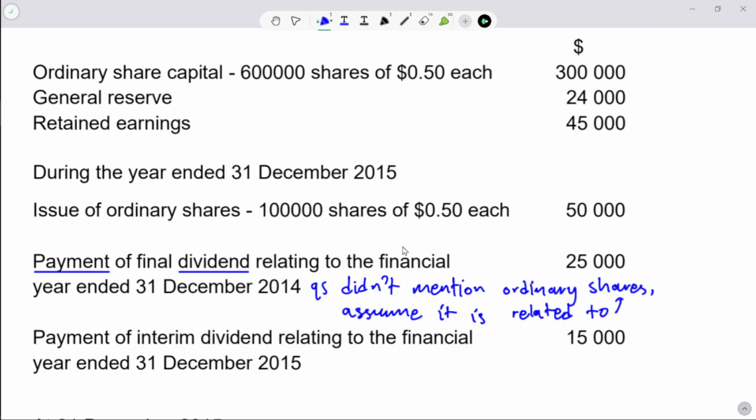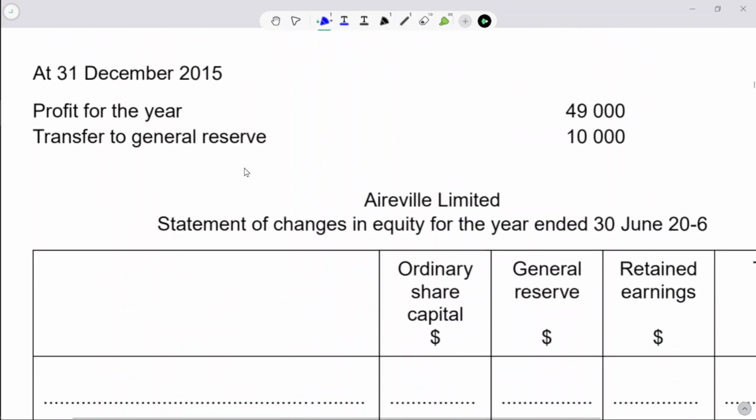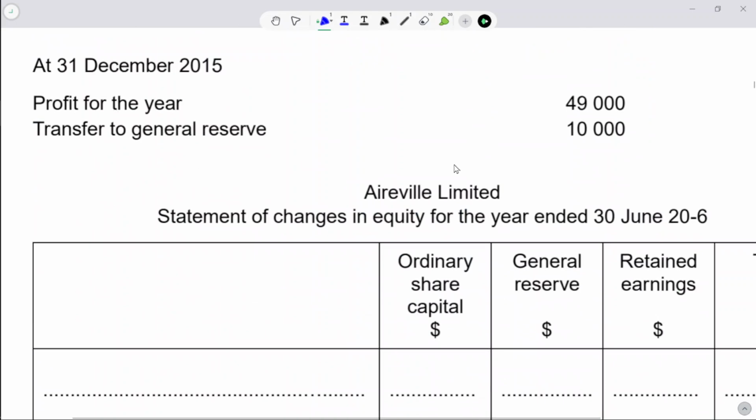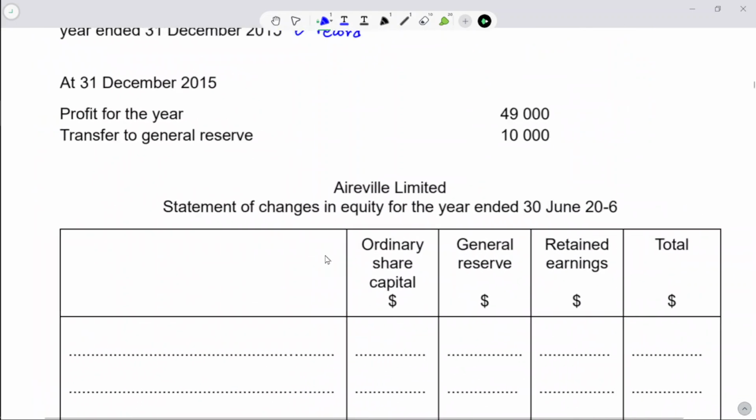So this one we need to record. This one, payment of dividend, we also record. Okay, so we can now do the format.